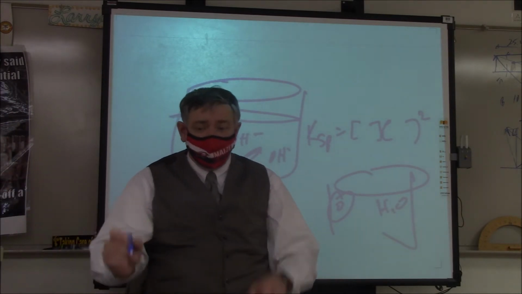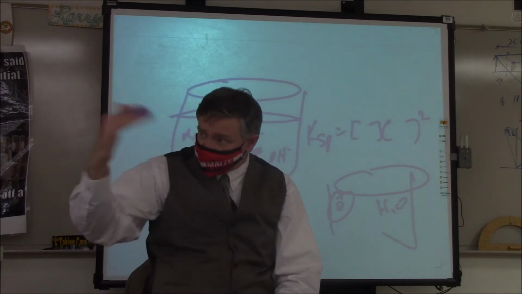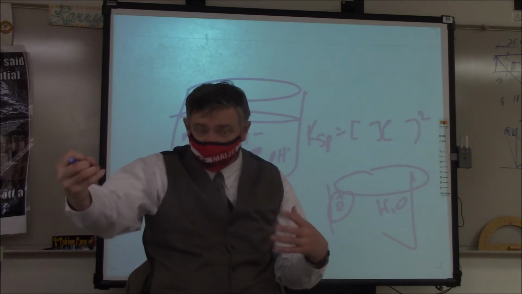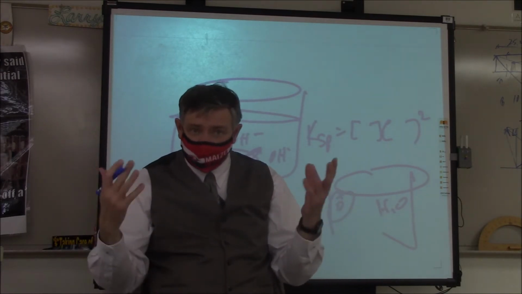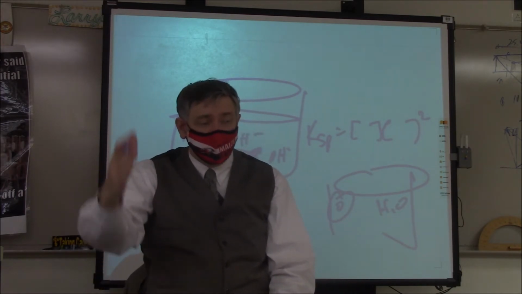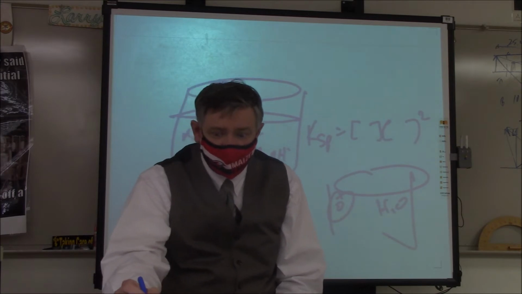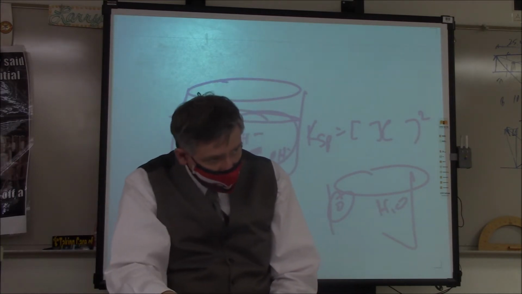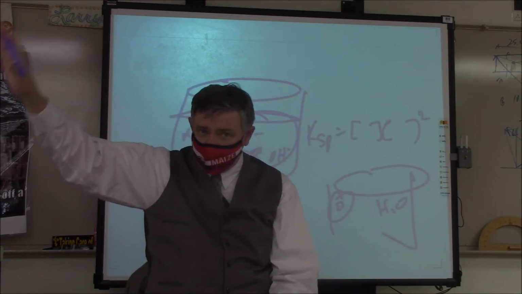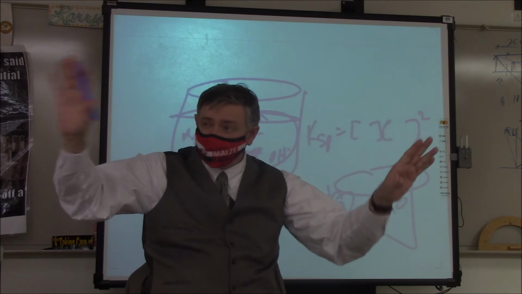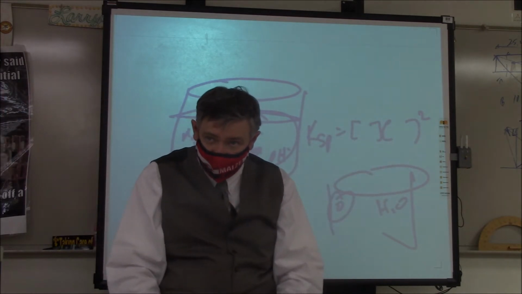So this is why that precipitate dissolved: you were decreasing the concentration. So when you see something dissolve when you add an acid, the only way that thing is going to dissolve is if the anion is going to bond with the proton to form either a weak acid or water. Those are the two situations where you're going to make something dissolve. Okay?